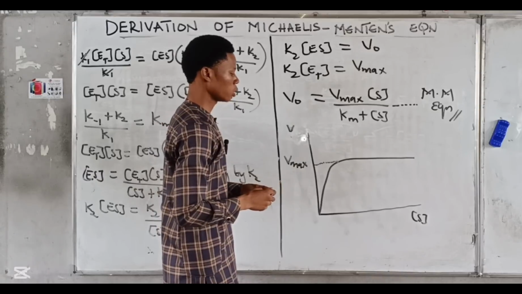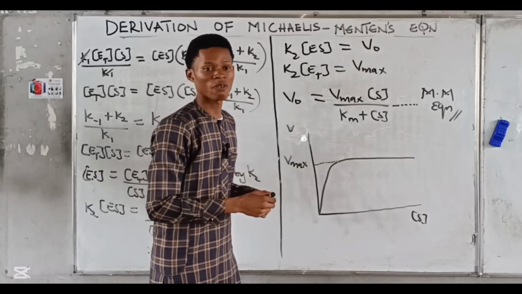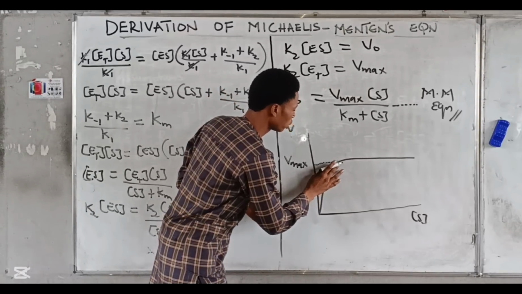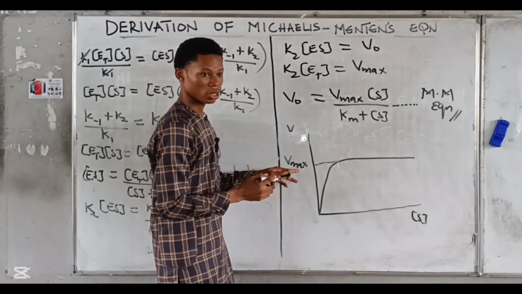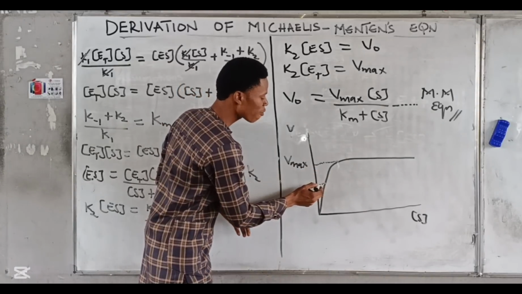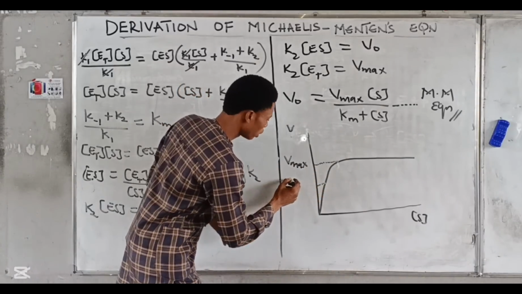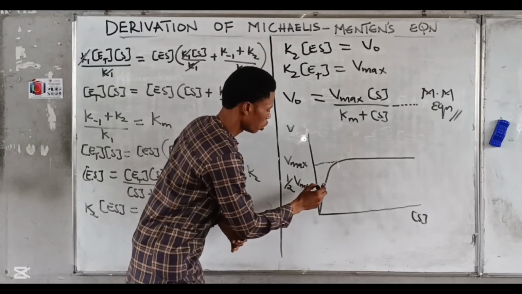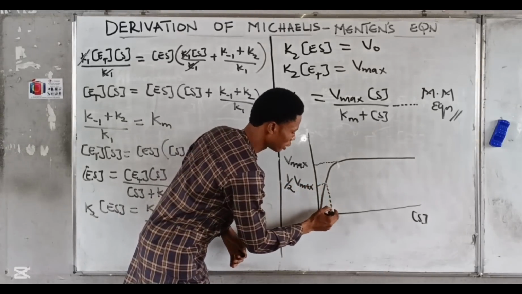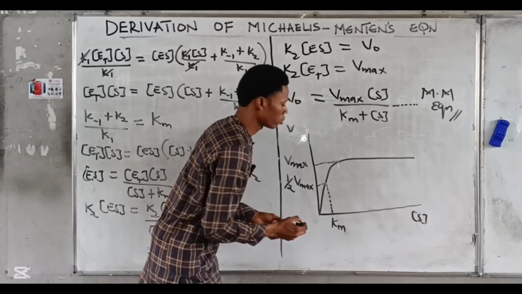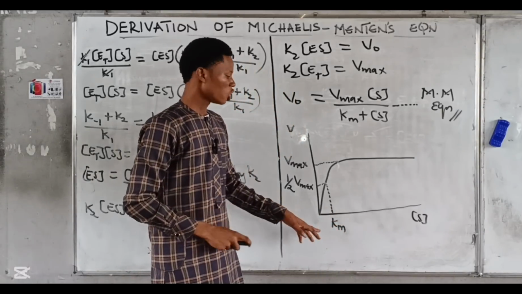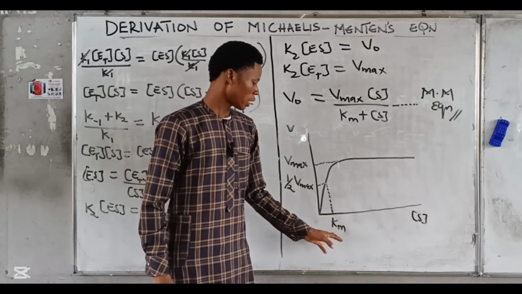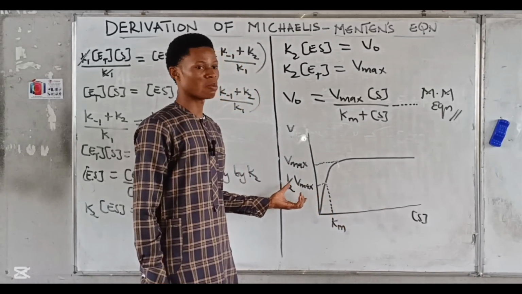Half of Vmax will be somewhere here, right? If I trace this point down, this becomes Km. Km is the substrate concentration at half Vmax.